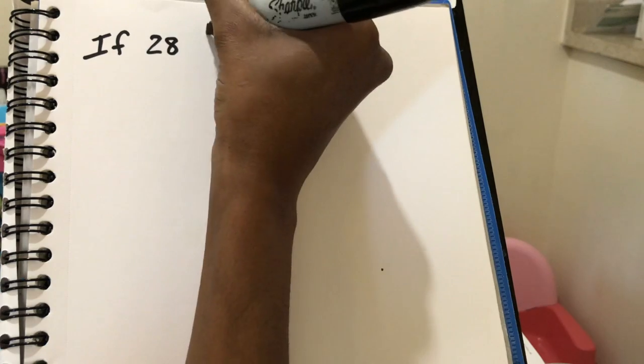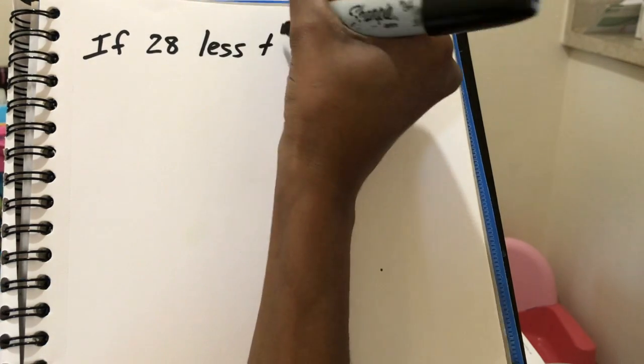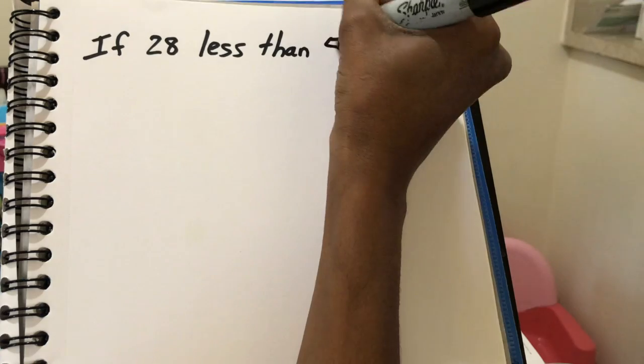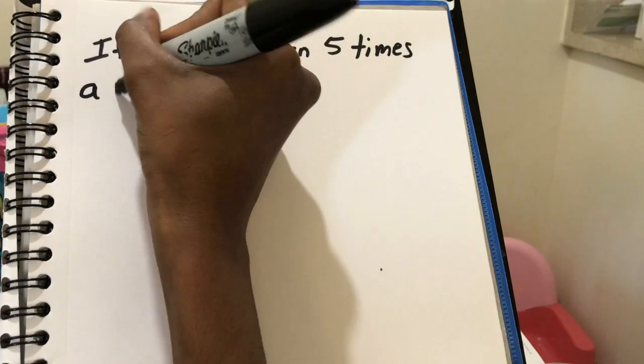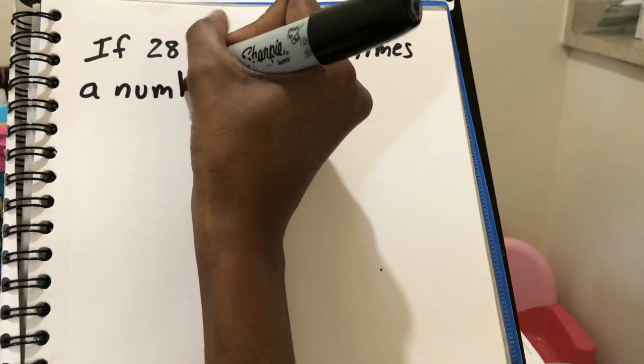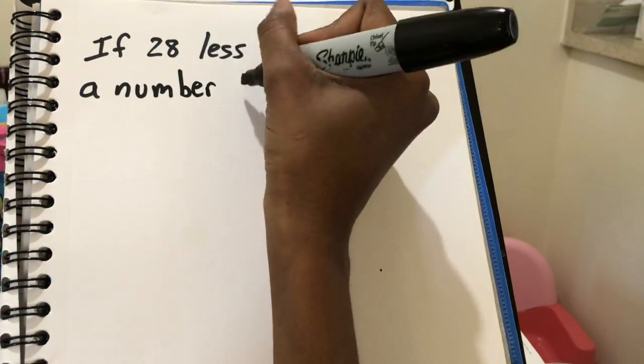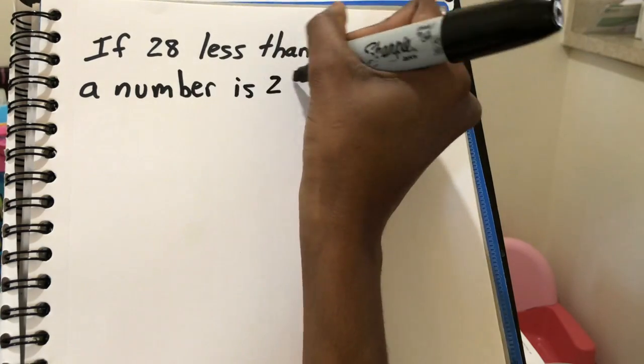All right, so I wanted to help you guys out with slide 5. It says, if 28 less than 5 times a certain number is 232, what is the number? So I'm going to write this out for you. If 28 less than 5 times a number is 232.